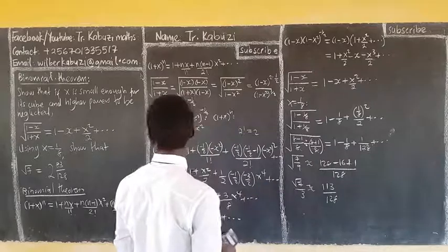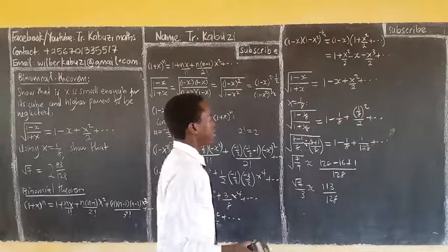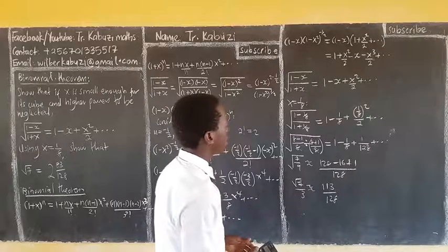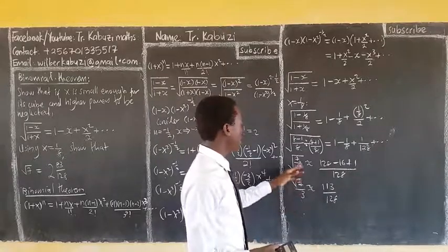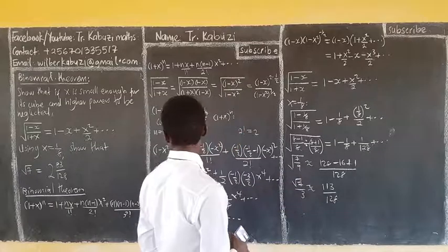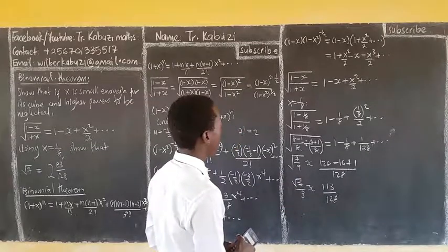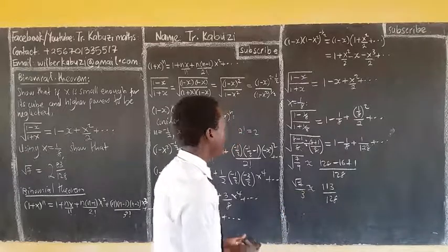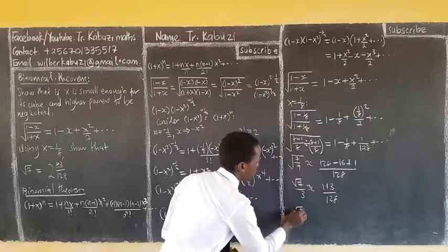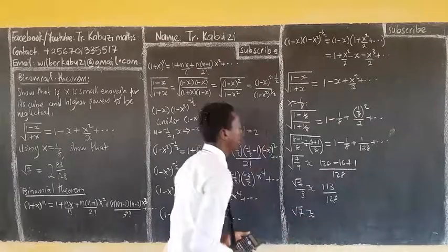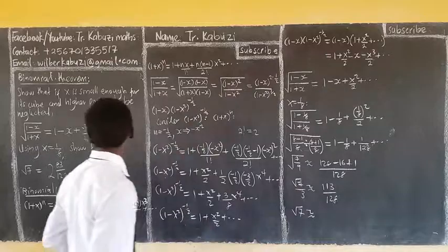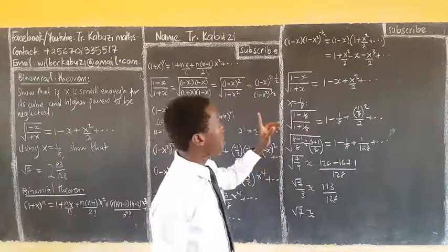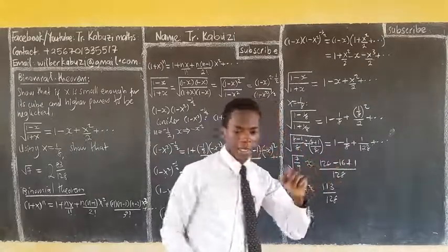Now I need to multiply through. If I multiply through, now the square root of this, I'll be having the square root of 7. If I multiply through by this 3, I have now 7 approximating. Maybe if you check, you have 120, so maybe there is a small weight, a little bit.